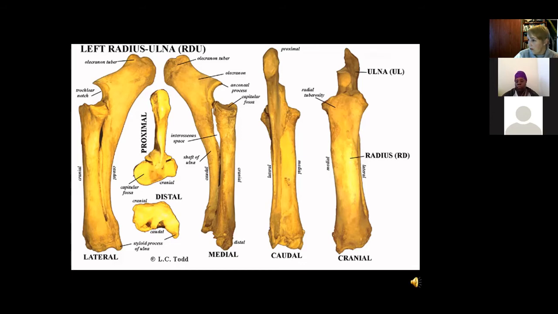Now look at the medial and lateral views. You can see that the ulna touches the radius. Any place where the two bones touch, there will be a scar, a very distinctive scar. So even if you have just a piece of the radius, you can identify it as that because the ulnar scar will be present.